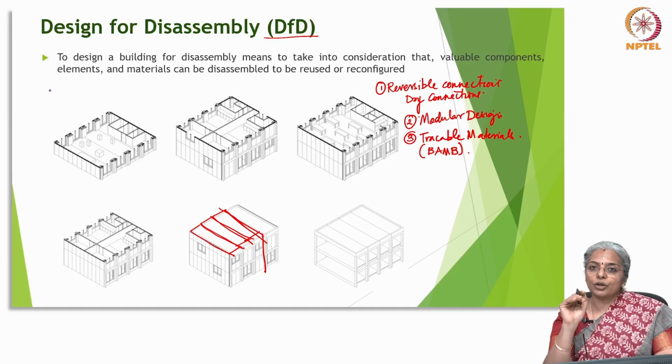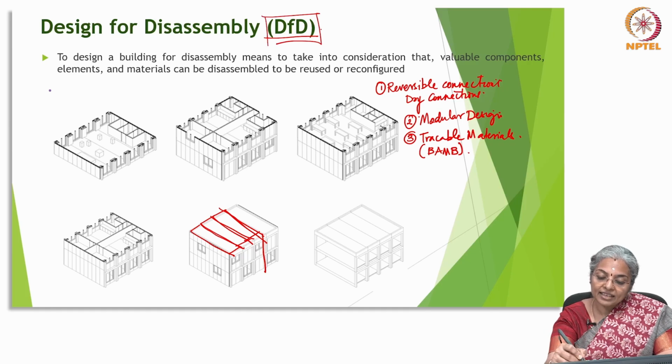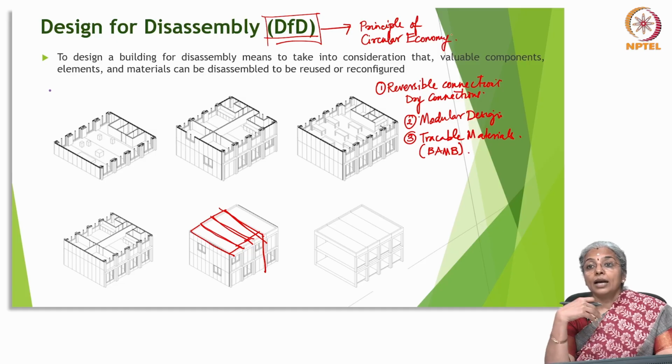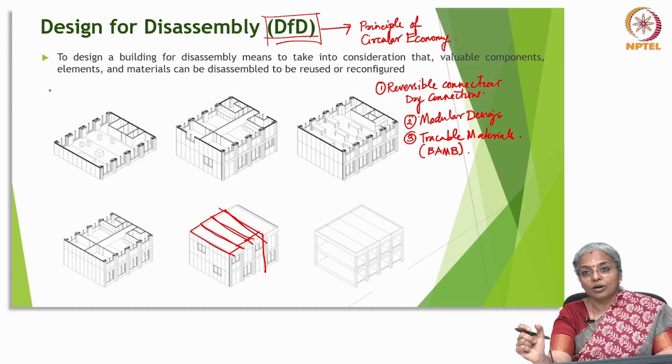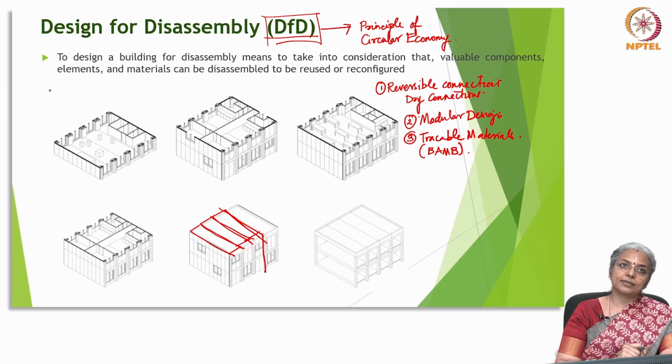All of this will contribute to design for disassembly, and this is an important principle of circular economy. Because of this, the life cycle of building materials can get prolonged, and it can also promote flexibility for future modifications or relocations.